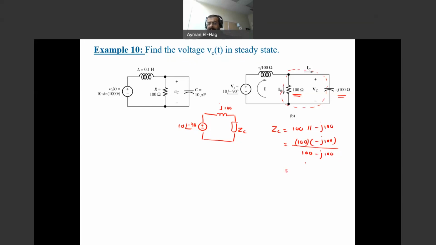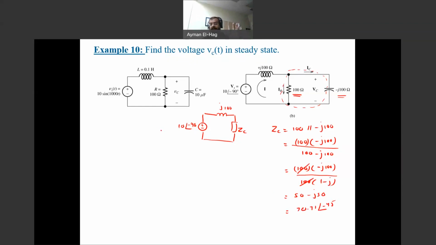We can take the 100 as a common factor, so this becomes 100 times minus j100 over 100 times (1 minus j), so the 100 will cancel. We have minus j100 divided by 1 minus j, and if you do that, you will find this is equal to 50 minus j50, and this is also equal to 70.71 angle of minus 45. So this is your ZC. Please do the calculations yourself to make sure that you reach these numbers.